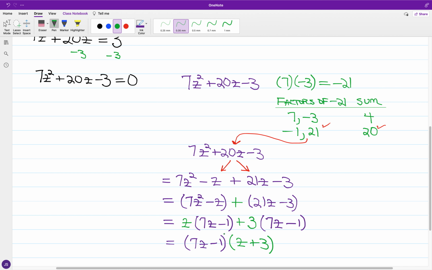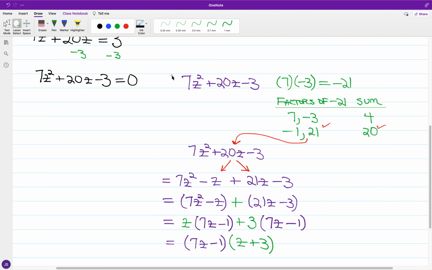And you can always go back and check. 7z times z becomes 7z squared. Then we have 7z times 3 is 21z. Inside product is going to be negative 1 times z, which is negative z. So we got 21z minus z becomes 20z. And negative 1 times 3 is negative 3.